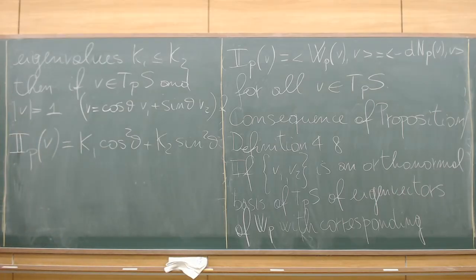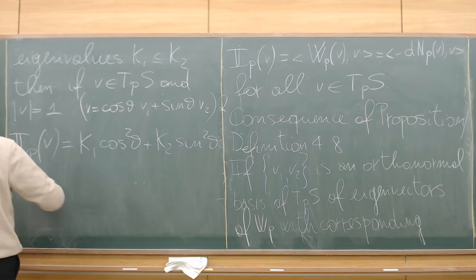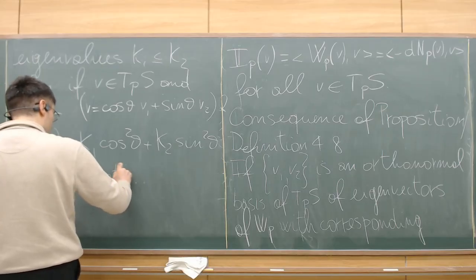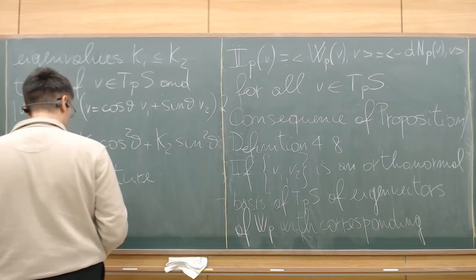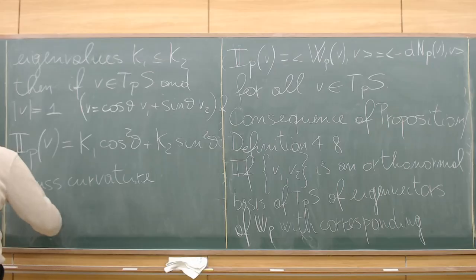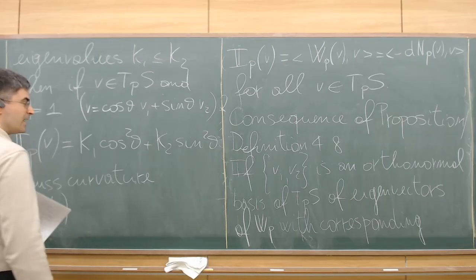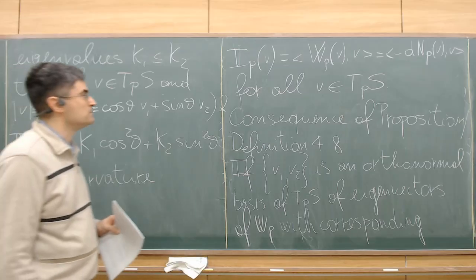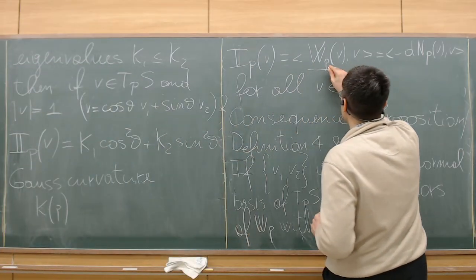And we also saw that the Gauss curvature at P has been defined as the determinant of the matrix which represents this map.